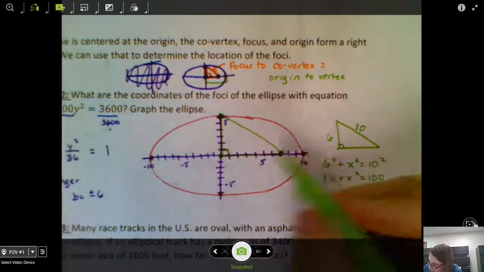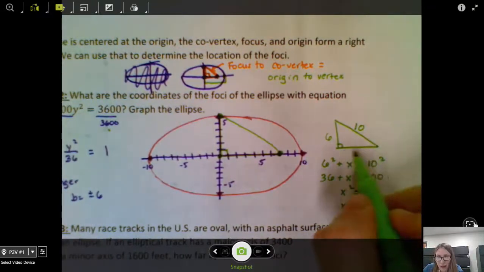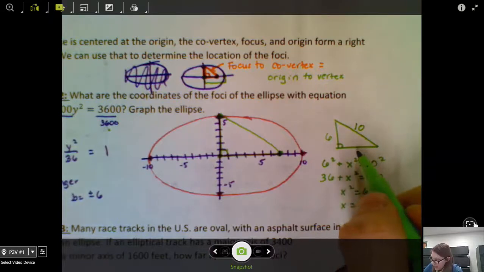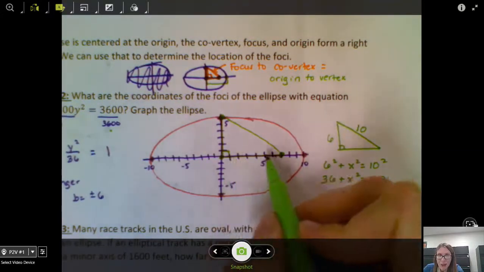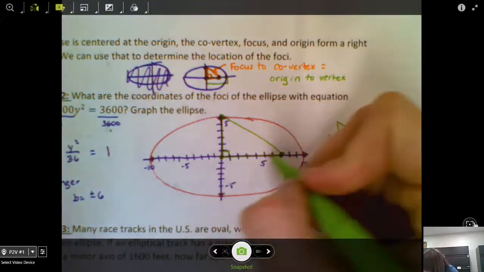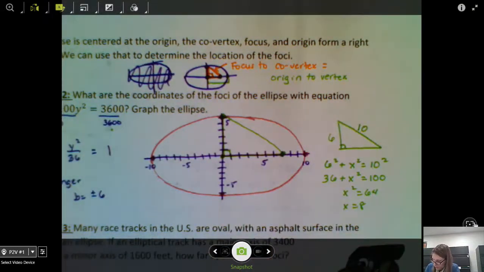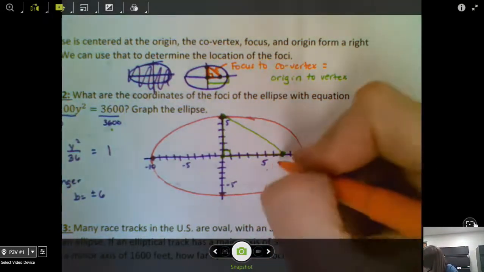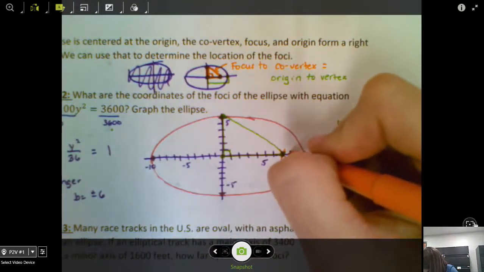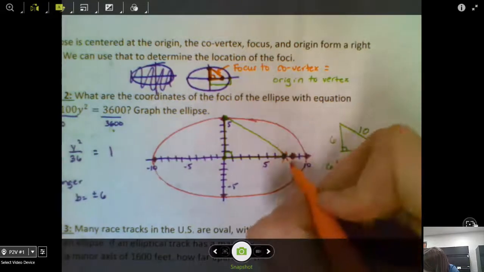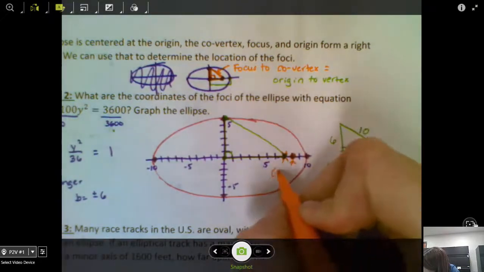So this bottom length of my right triangle is 8, which means from my origin out to the focus is 8. And I actually wasn't too far off. So I'll cross that out here, and I'll draw the correct focus location here at 8, 0.